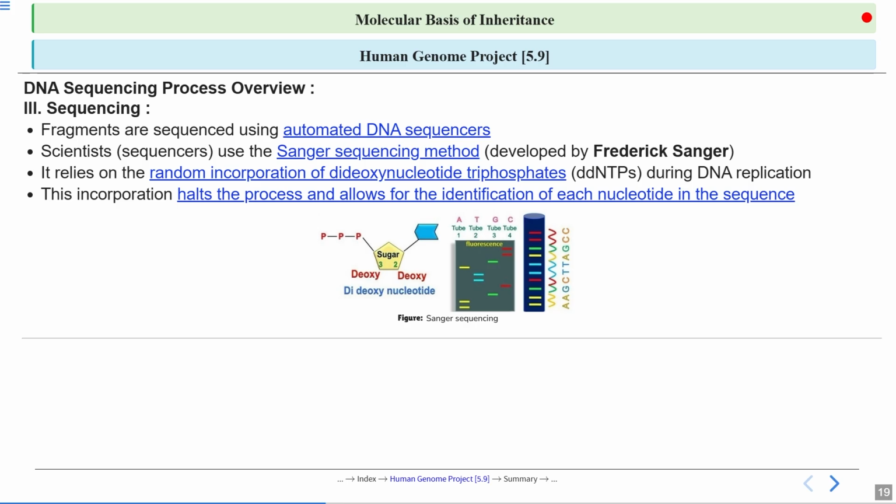This results in a set of DNA fragments of various lengths, each terminated by a specific ddNTP.